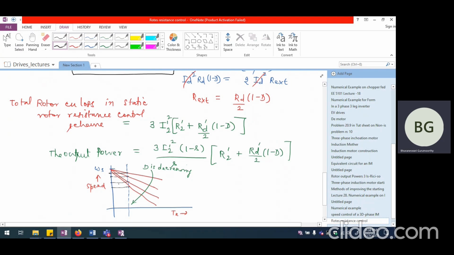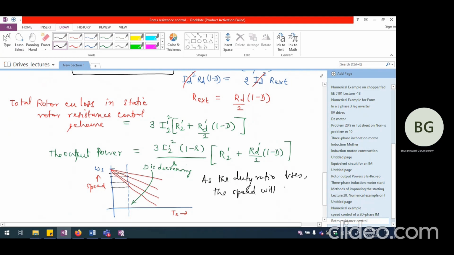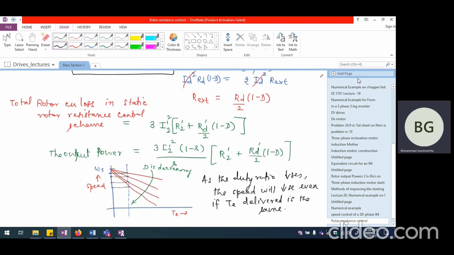As the duty ratio decreases, the speed will decrease even if TE delivered is the same. So this is the way the static rotor resistance control is going to work.